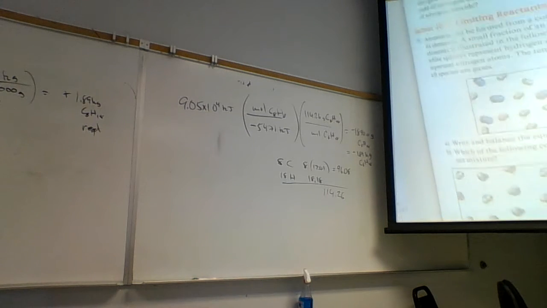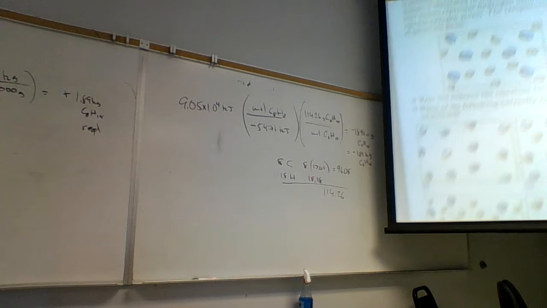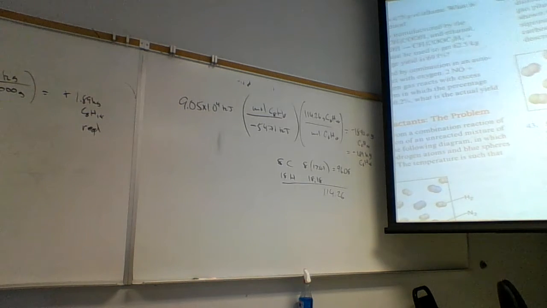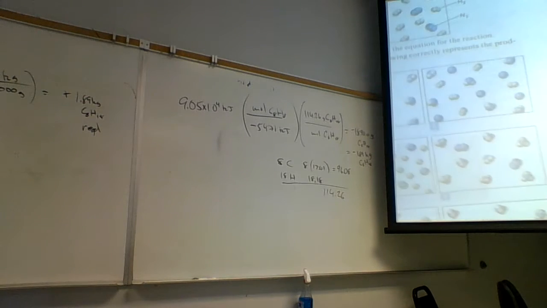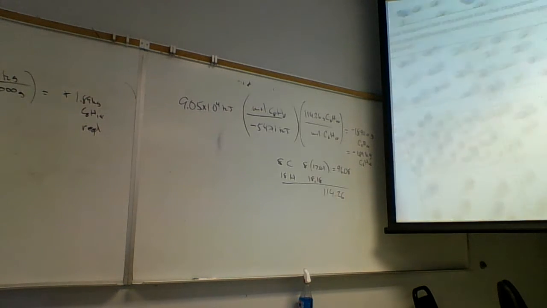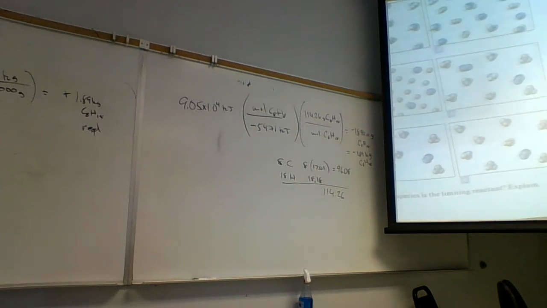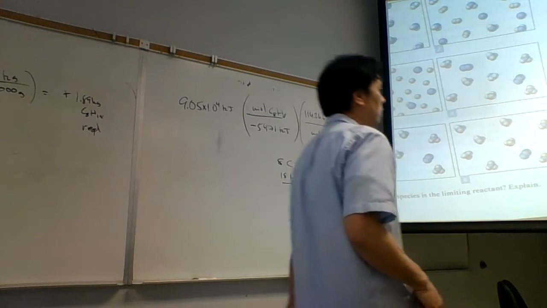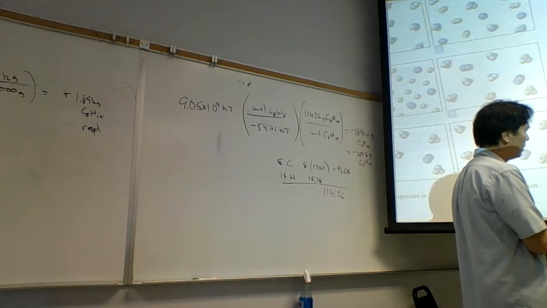And then we have limiting reactants. Here are some conceptual problems on limiting reactants, just to get an idea of it. Here is the reaction of zinc with hydrochloric acid. Hydrochloric acid is here, zinc is the metal down here.